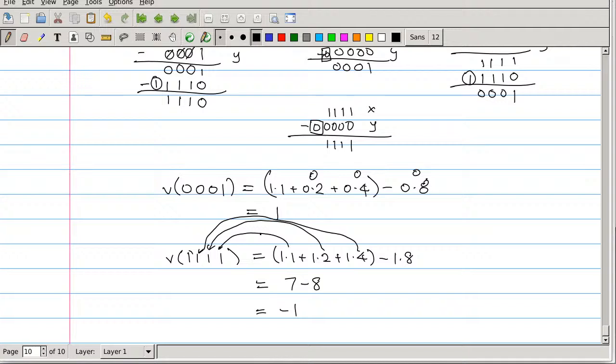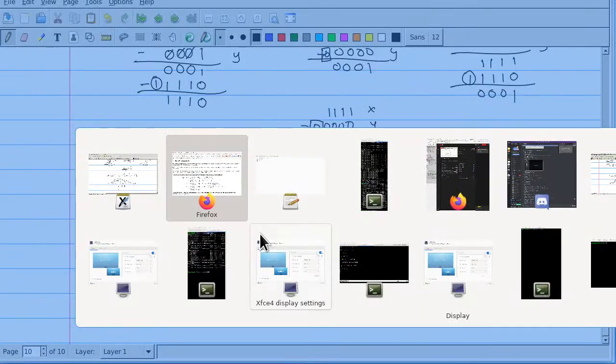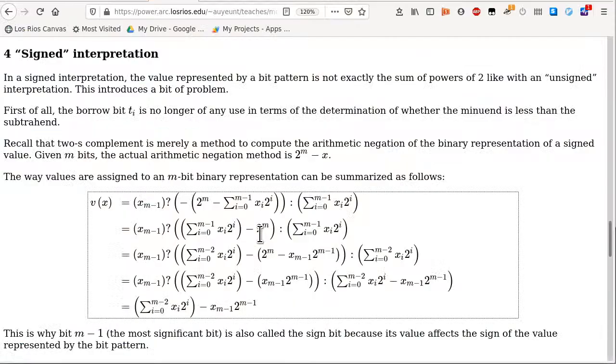So the only time it makes any difference is when we have to deal with comparison. In the context of section 4, which is where we are at this point, we are only concerned about the signed interpretation of a bit pattern. We do not concern ourselves with the unsigned interpretation because that was already handled by section 3.